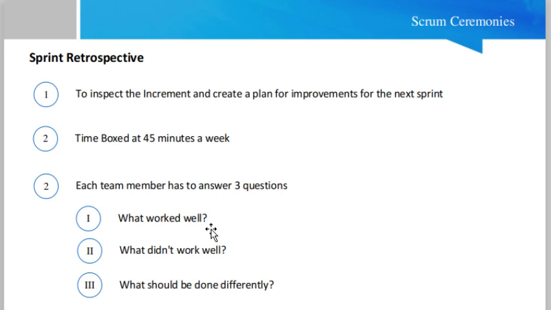Then what didn't work well: the things which did not go well, we have to analyze what the reasons are, and see how we can avoid it in the next sprint. Whatever mistakes we made in that sprint should be avoided in the next sprint. And what should be done differently, so that it can improve the efficiency and collaboration among the team members.